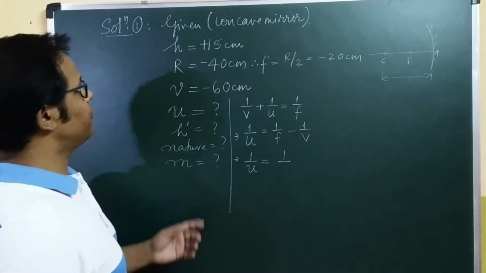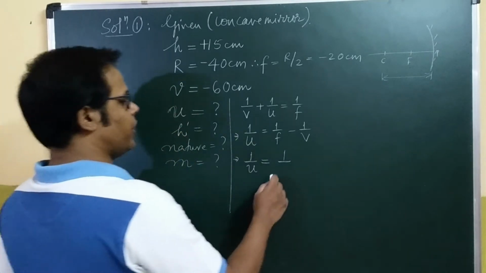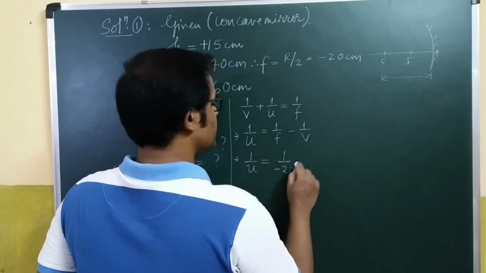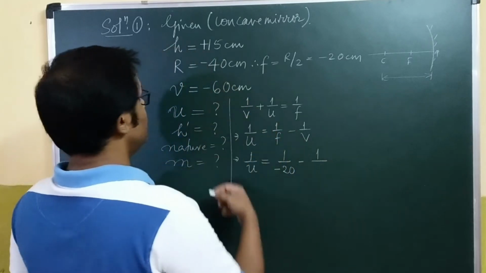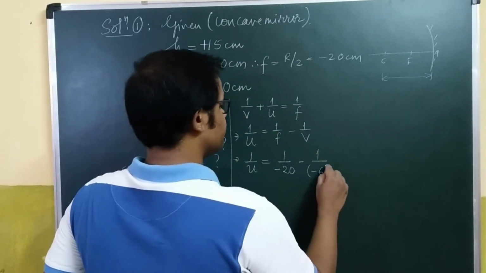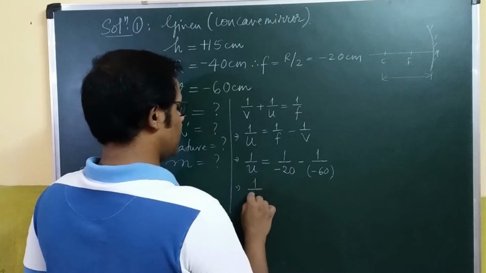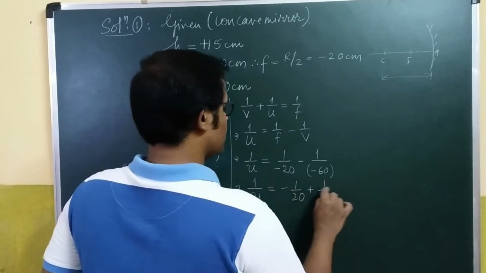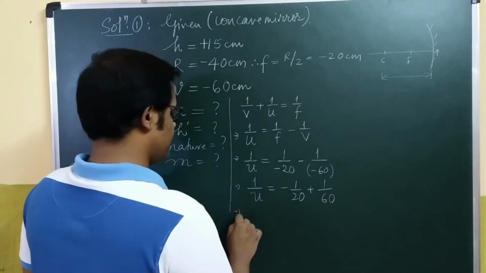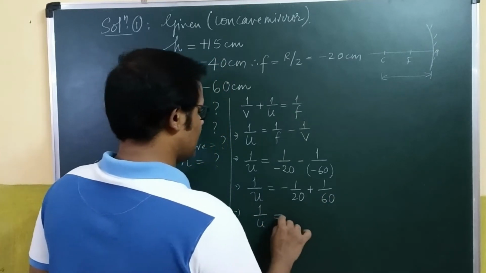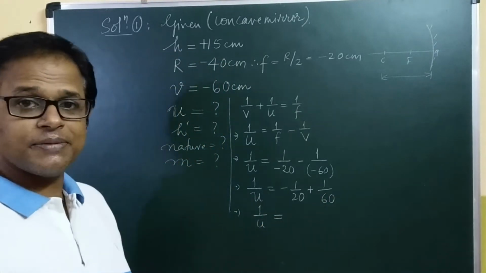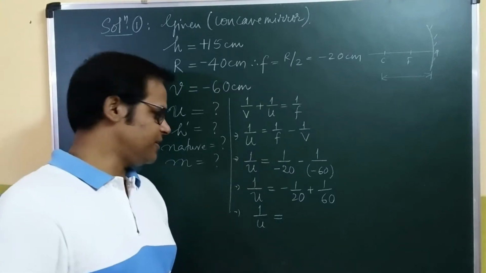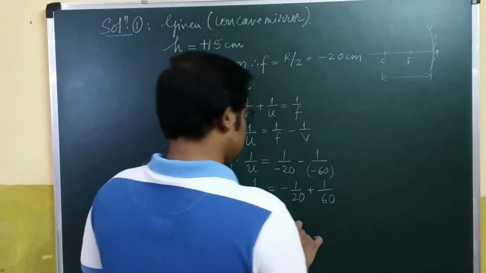So 1 by f is minus 1 by 20, and v is minus 60 there. So it is 1 by u equals minus 1 by 20 plus 1 by 60. I think all of you can calculate from here onwards. It's all about simple LCMs, 20 and 60.